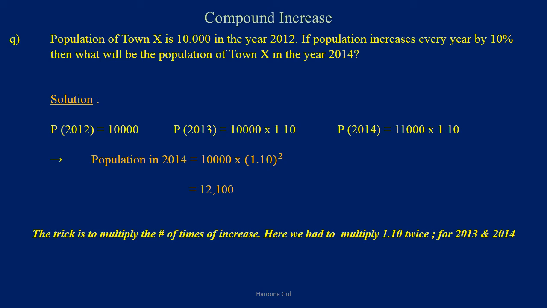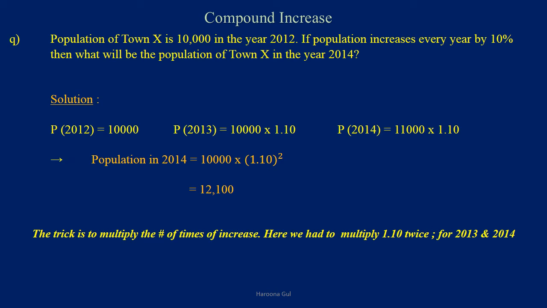Now, to solve the same question efficiently, what we're going to do is we're going to multiply 10,000 with 1.10 the whole square. You see, we have been asked to calculate the population of town X in the year 2014, and 2013 and 2014 make 2 years, right?